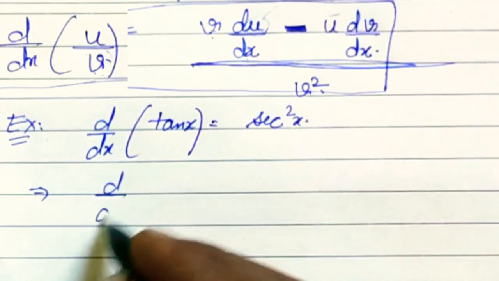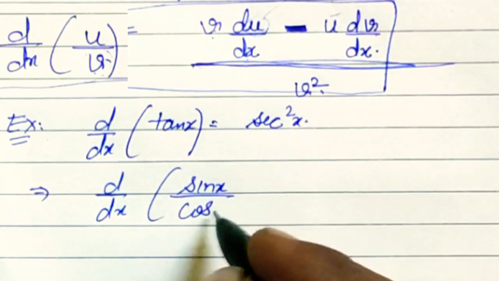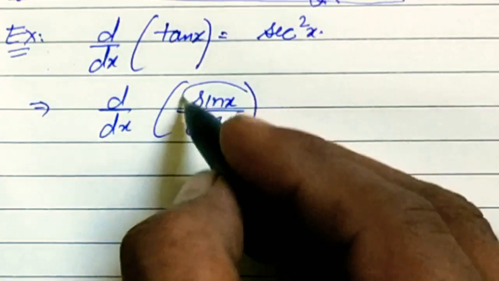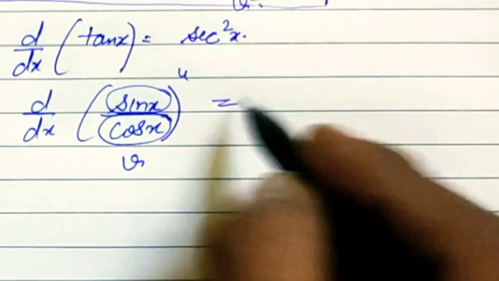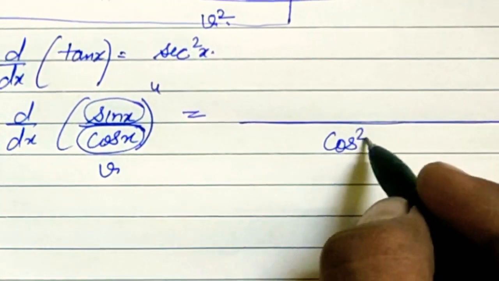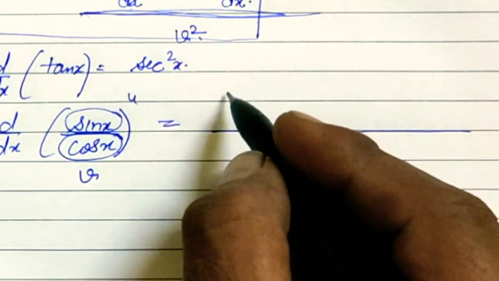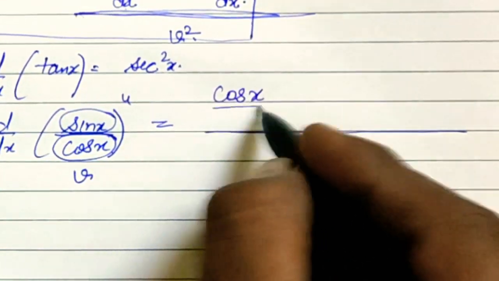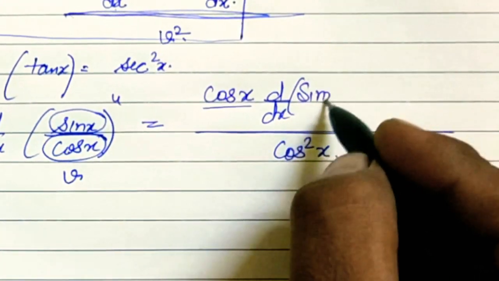Now we can write tan x as sin x upon cos x. So here sin x is u and cos x is v. Now the formula says square the denominator first, so cos square x will be in the denominator. Now the denominator should come first and I have to differentiate the numerator, which is sin x.